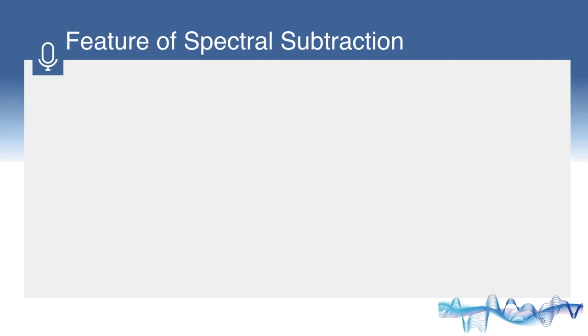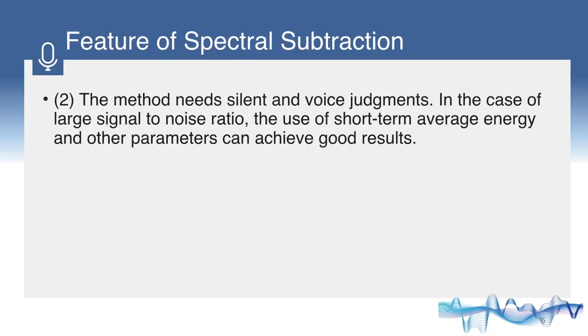Spectral subtraction methods need to estimate the short-term power spectral density of background noise based on that of the noisy speech signal. Thus, this method often needs silence and voice judgments. In the case of large signal-to-noise ratio, the use of short-term average energy and other parameters can achieve good results.